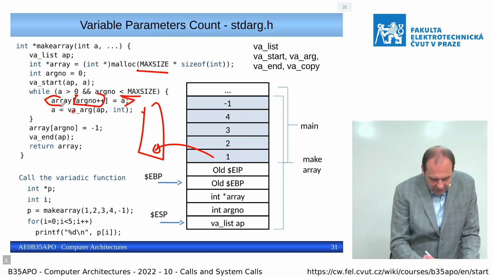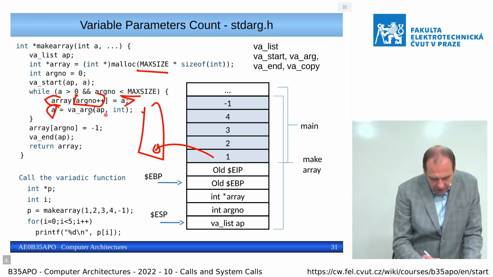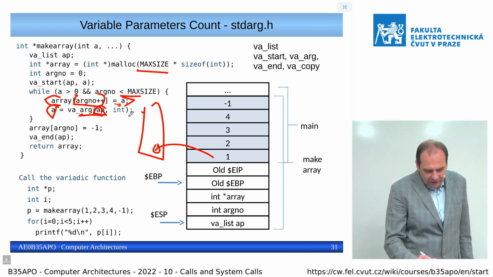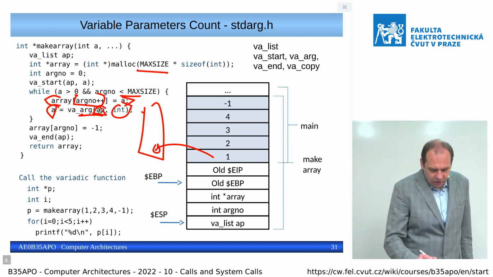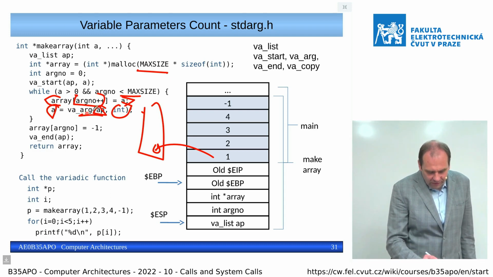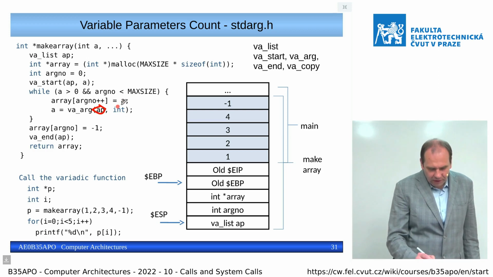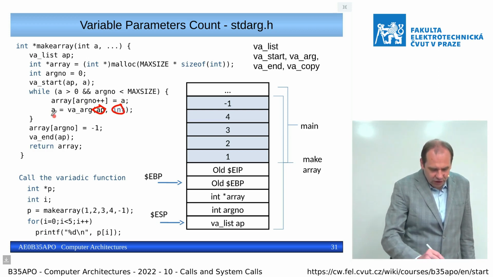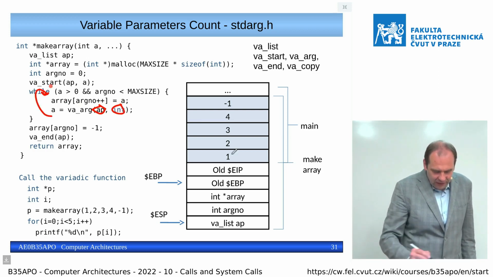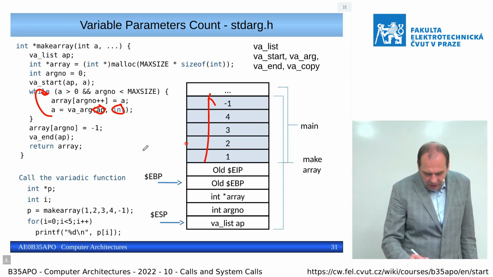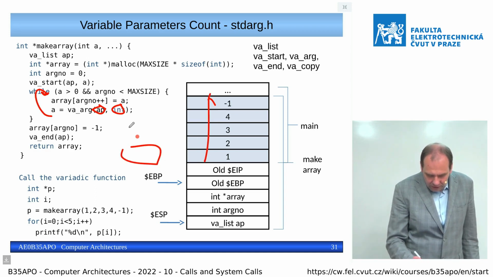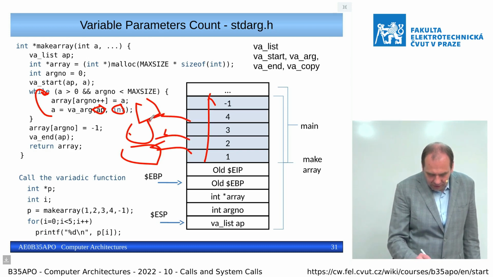And we ask, what is the next argument after this argument? We know that it is an integer in this case. So we call va_arg, the next argument from the given argument pointer, of integer type. This way we can enumerate as long as we do not get to -1, and we copy the data to the allocated array.